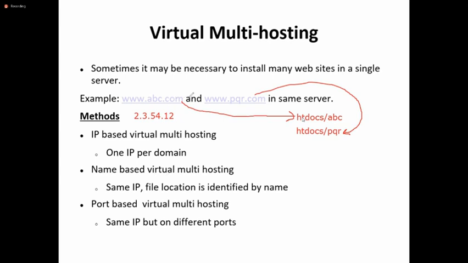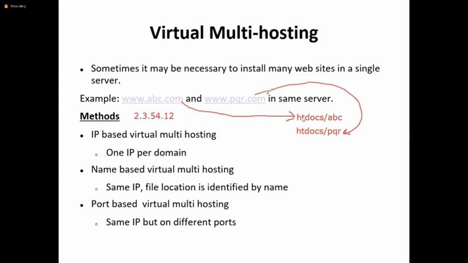So the web server will check the name, what is the URL or request from the client. So if it is abc.com, then it will be directed to this folder, right? So this page will be sent again to the client, right, which will display in the browser.